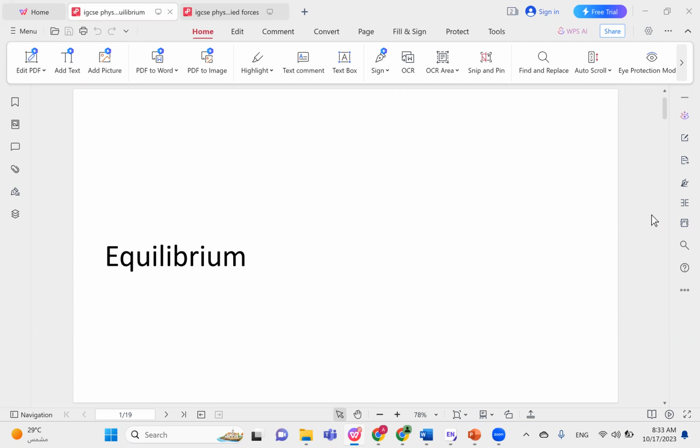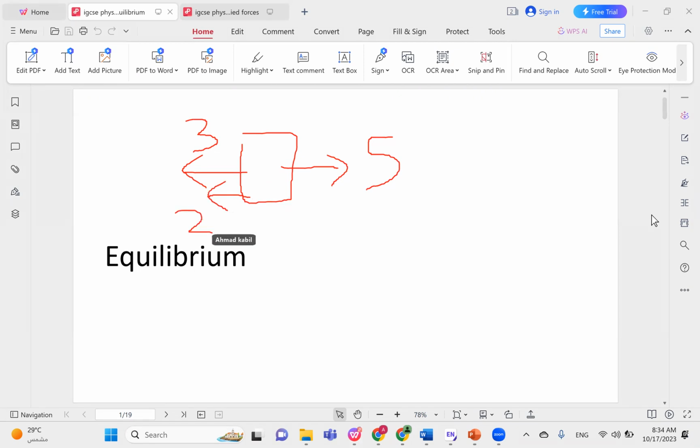Equilibrium basically means that I have an object and the sum of forces acting on the object is zero. So for example, I have 5 newtons acting to the right and 3 newtons acting to the left, and maybe another 2 newtons acting to the left.